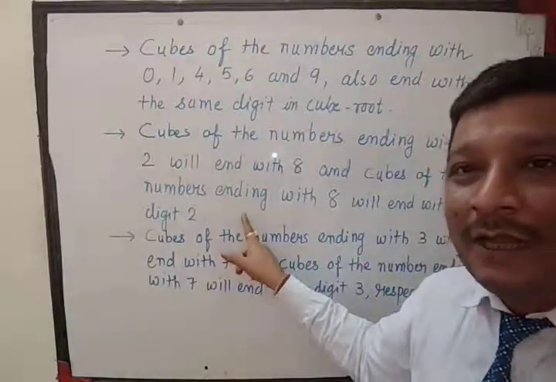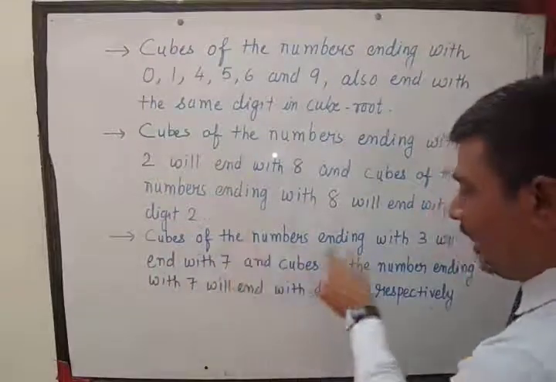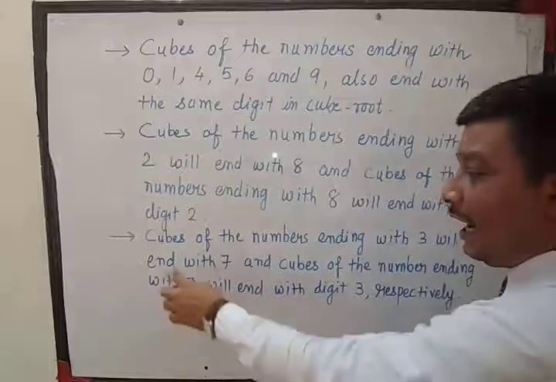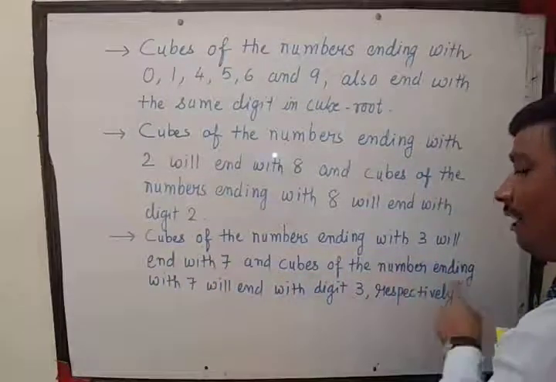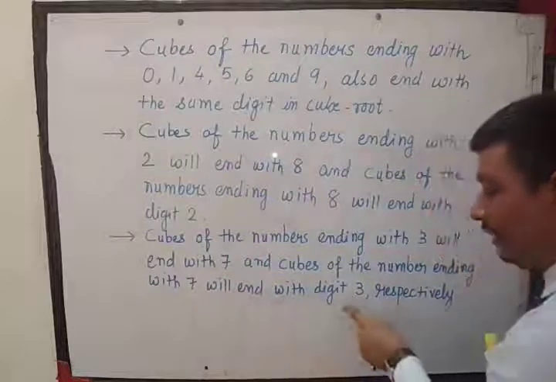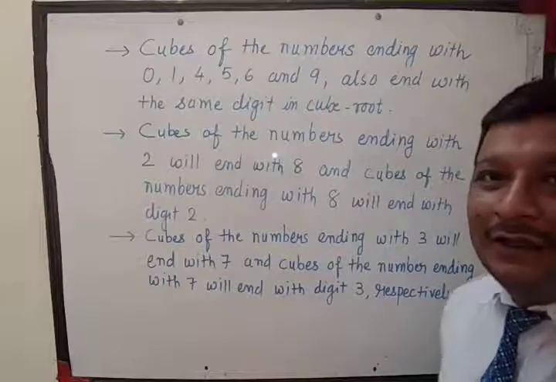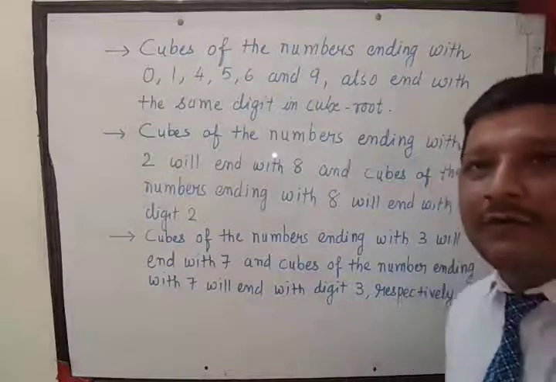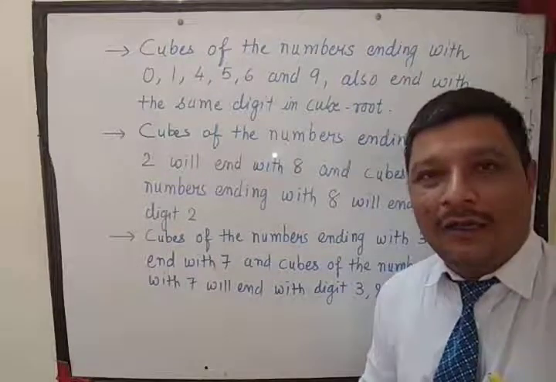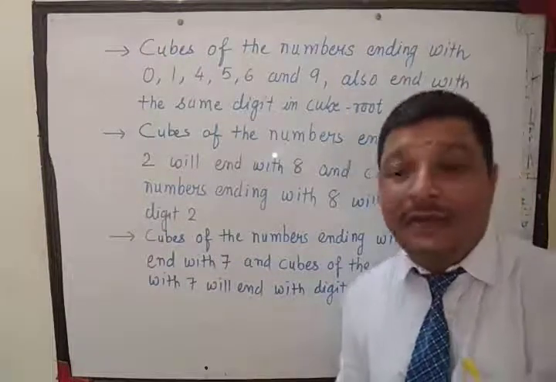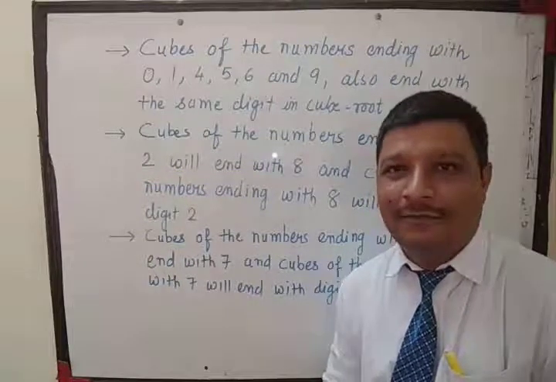Same thing applies for 3 and 7. Cubes of numbers ending with 3 will end with 7, and cubes of numbers ending with 7 will end with 3 respectively. So these are the points which you need to remember, okay, and this will help you to solve the exercise. Secondly, we will learn something new in the next lecture. Okay, see you soon.